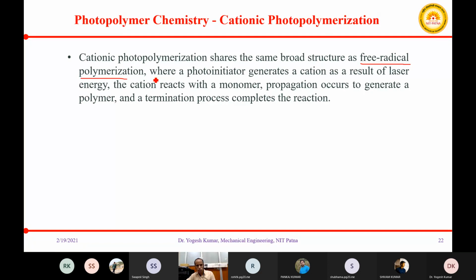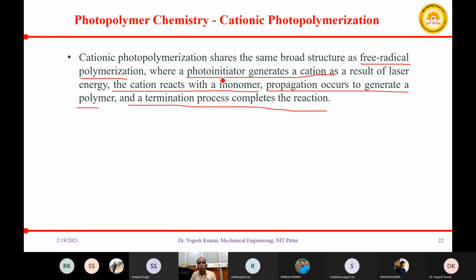Obviously, the rings are there. In cationic polymerization, the photoinitiator generates a cation as a result of laser energy. The cation reacts with a monomer. Propagation occurs to generate a polymer, and the termination process completes the reaction.